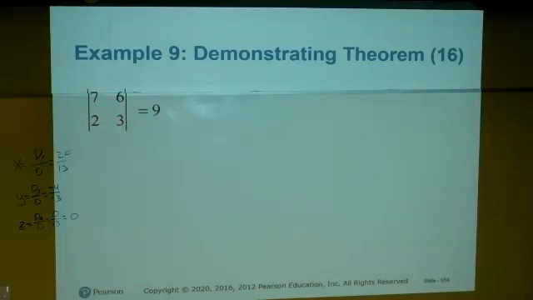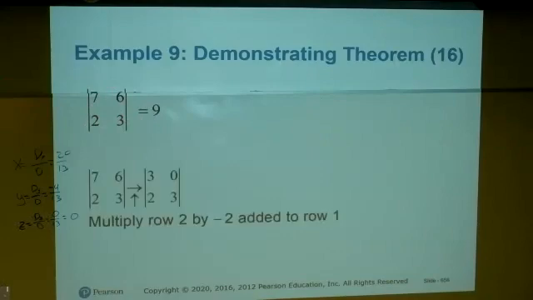So the 7 becomes 3 and the 6 becomes 0. -2 times 2 is -4. -4 and 7 is a +3. -2 times 3 is a -6, and -6 plus 6 is 0. And now to find the determinant, 3 times 3 minus 2 times 0. 2 times 0 is 0, so you get 9 minus 0, which is 9.